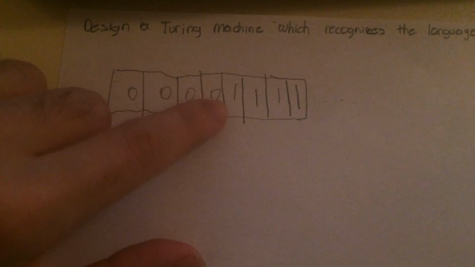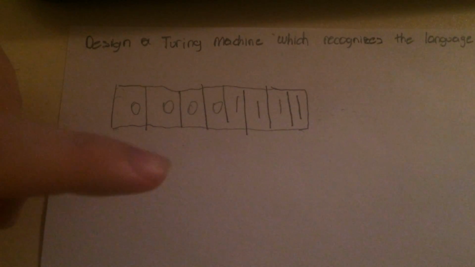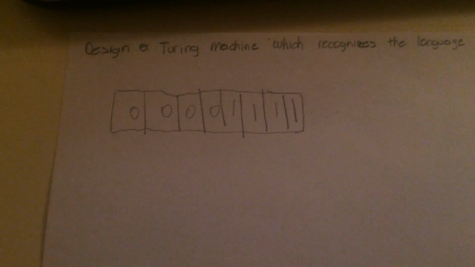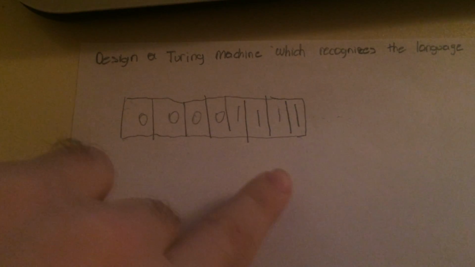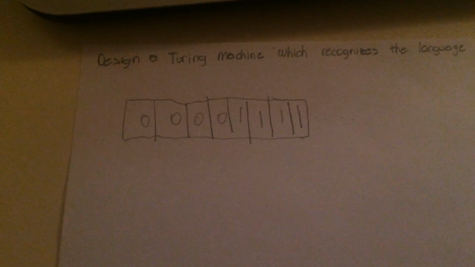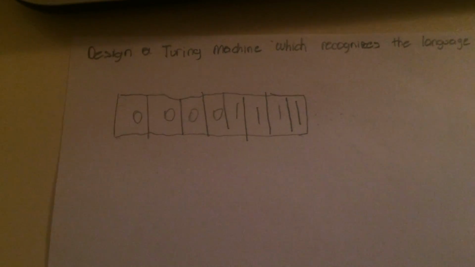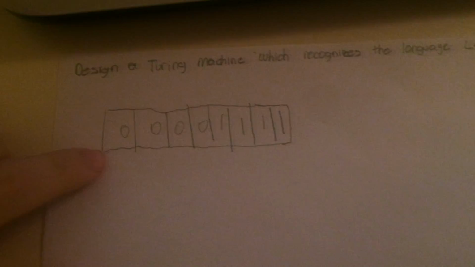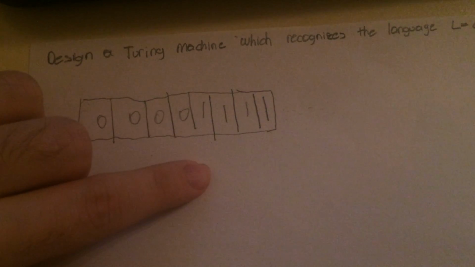If there is no 1, we should reject this language, or the Turing machine, I should say. More correctly, we should go to the reject state. After we see our first 1, having changed the 0 to x, we need to change the first 1 to y.